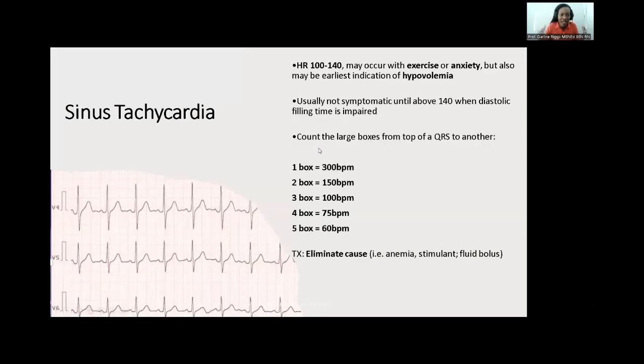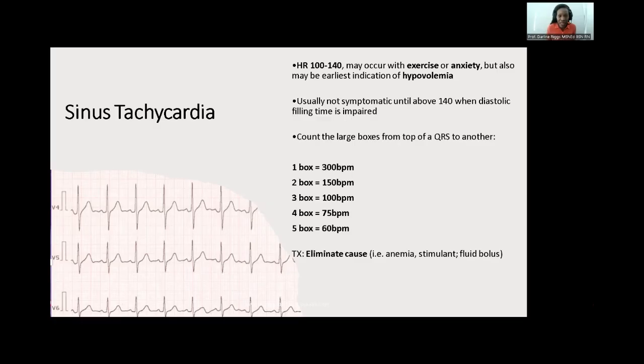So our first one is sinus tachy, heart rate more than 100, okay? So your sinus tachy, yeah, well over 100. This could be from a number of reasons, literally. Could be from exercising. Anxiety causes you to be tachy, okay? Another common cause, hypovolemia, because your heart is trying to compensate.